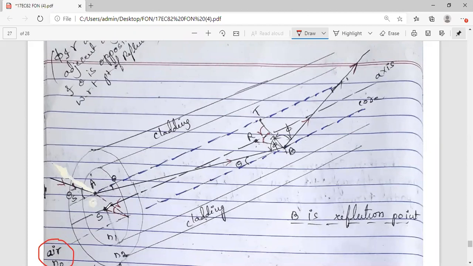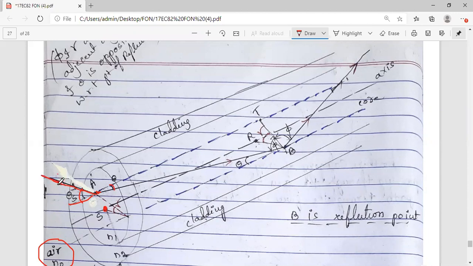This is the center part of the core axis. Point A is the point at which the skew rays hit the surface, the interface. And theta S is the angle of incidence. Theta is the angle of refraction.